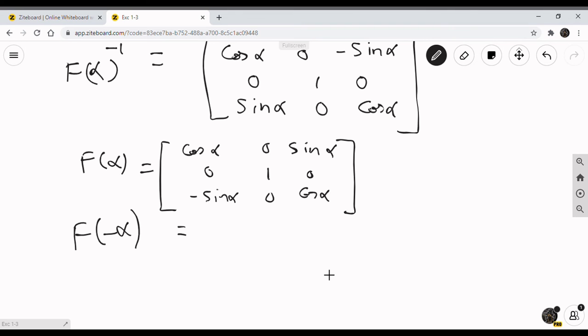Now what is f of minus alpha? That is, we have to put minus in the angular places, like cos of minus alpha, 0, sin of minus alpha. All the alpha should be replaced by minus alpha.